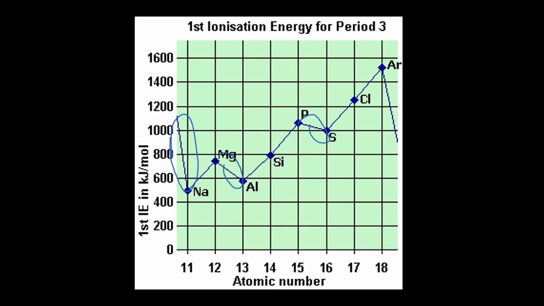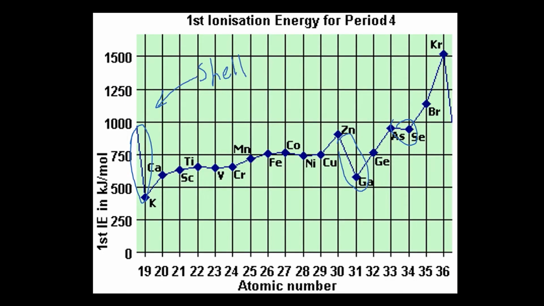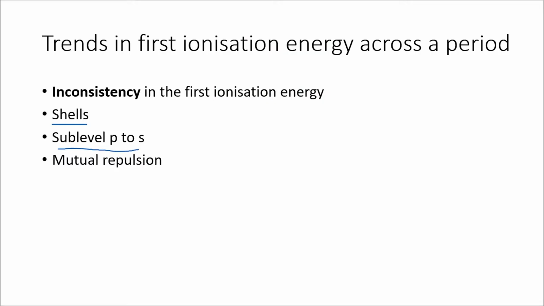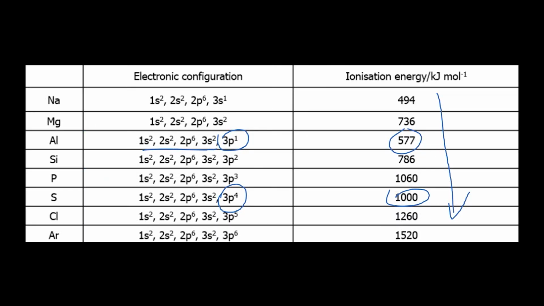The third drop, as you can see right here, is because of the mutual repulsion. Now this may be a new word for you, and mutual repulsion is basically based on Hund's rule.